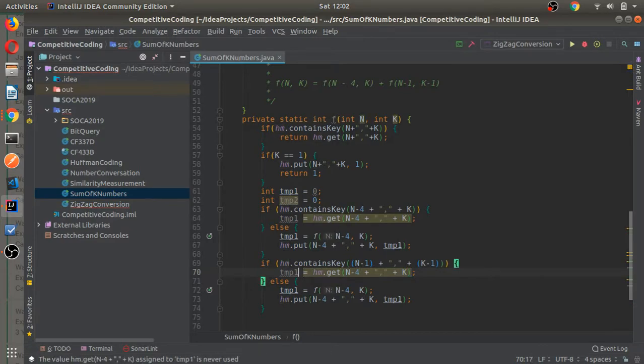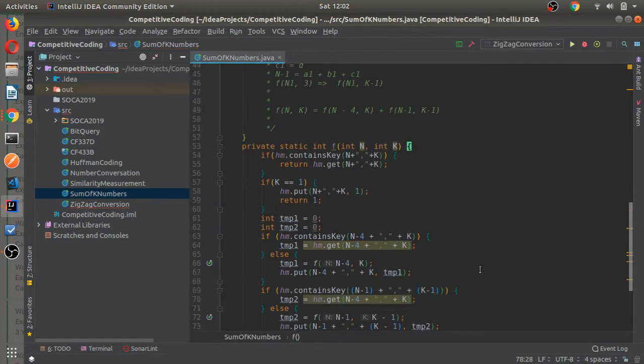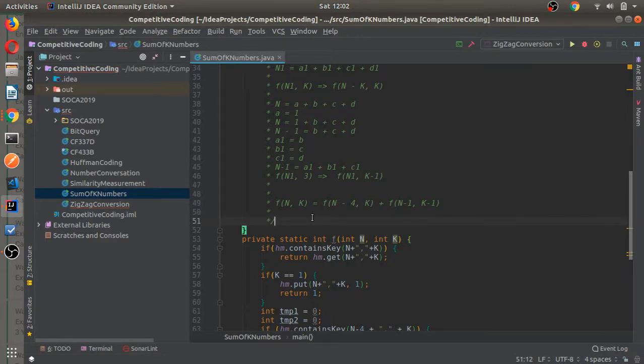Temp 2 is equal to f of n minus 1 and k minus 1, and put it in the map. Wrap this up. Yeah, so now it's going to be temp 1 plus temp 2. That should do actually. Let's just test it.